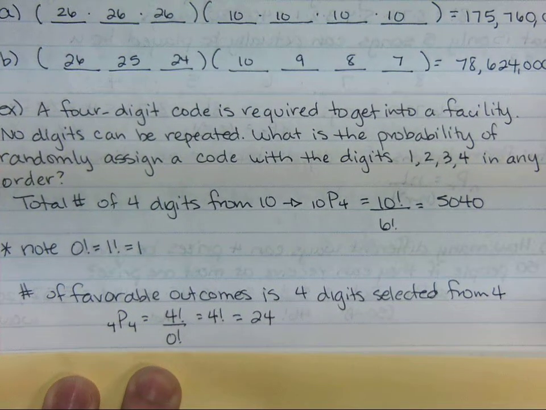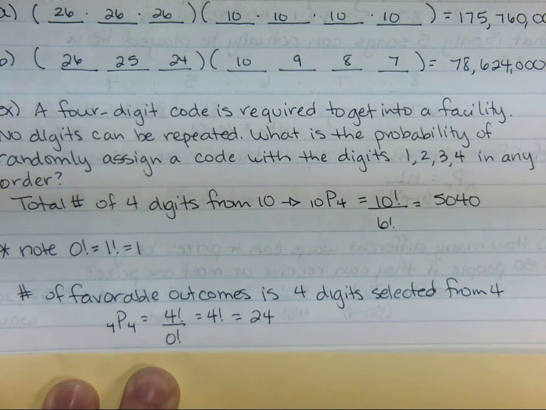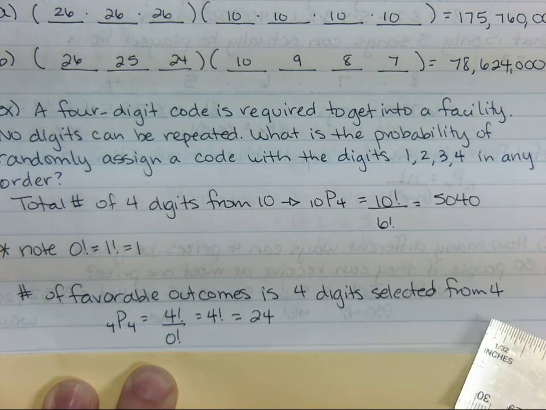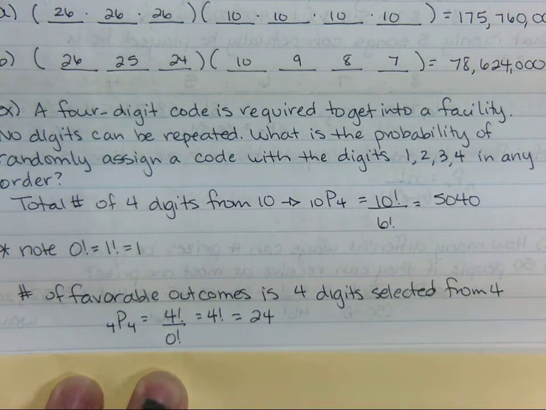In the possibilities of the 4-digit codes, I only want to know the number of favorable outcomes of the 4-digit codes selected from 4 digits. That's going to be 24 different ways.